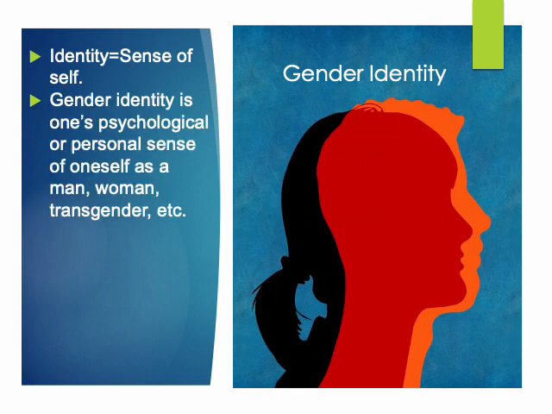Gender identity is an important aspect of one's general sense of self. Gender identity is one's psychological or personal sense of self as it relates to gender. So your personal sense of self as being a man, being a woman, being transgender. It's one's internal, deeply held sense of gender.